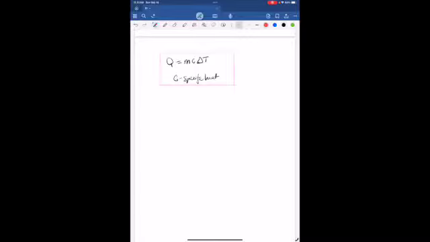Okay, the specific heat, you can find these in tables. There's a table in your book with these, and that table I am also giving you for the test. Now, when it comes to gases in general, the specific heat will depend on the process, whether it's at constant volume or constant pressure or something else.